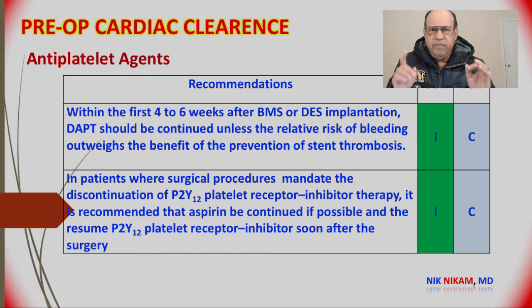If we have a patient who is going for surgery where discontinuation of antiplatelet agents such as Plavix is necessary, then it is reasonable to continue the aspirin in the perioperative period.